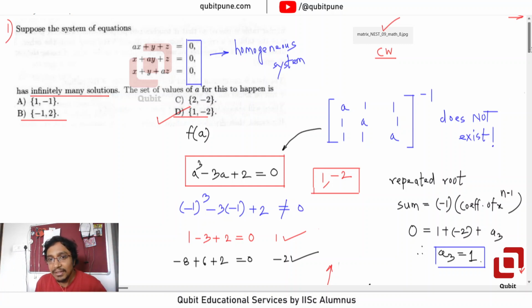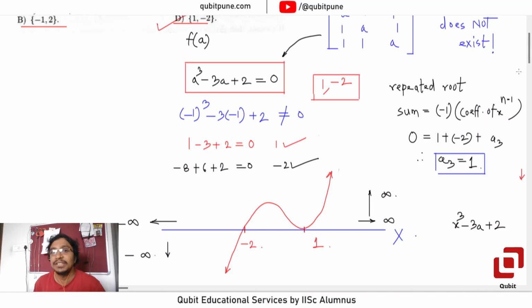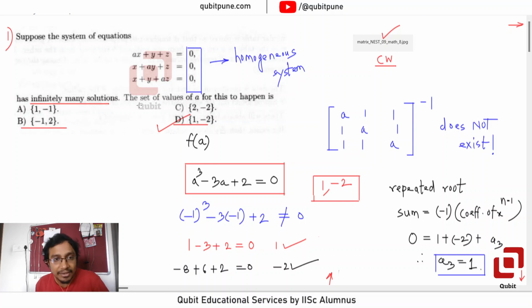After this you need to switch to functions, so that could possibly be a mixed concept question, wherein instead of asking you the set of values of a for this to happen, they may say the roots of the following curve or following function or equation.